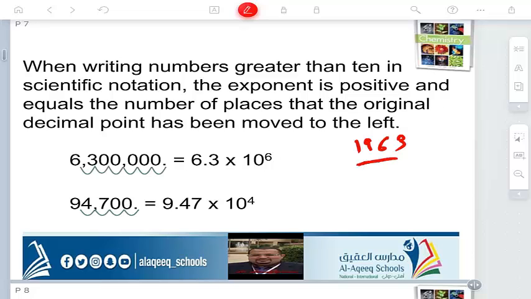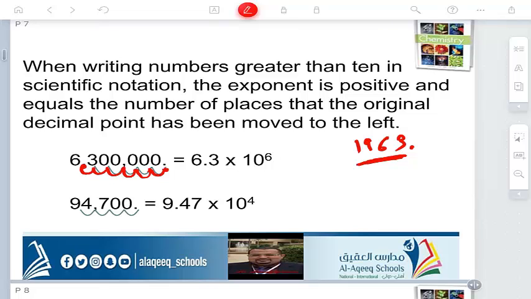If you have a whole number like this, imagine the decimal here, because you don't have anything after the decimal. And look, how many steps are you moving? 1, 2, 3, 4, 5, 6.